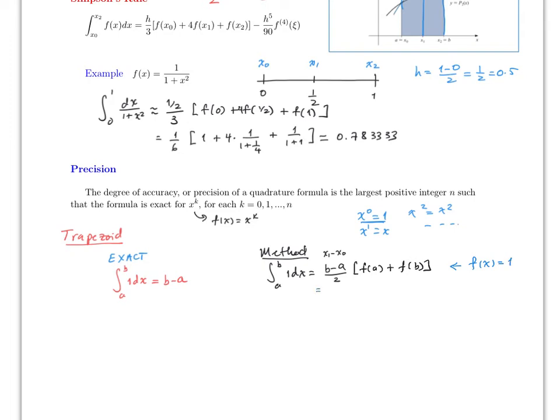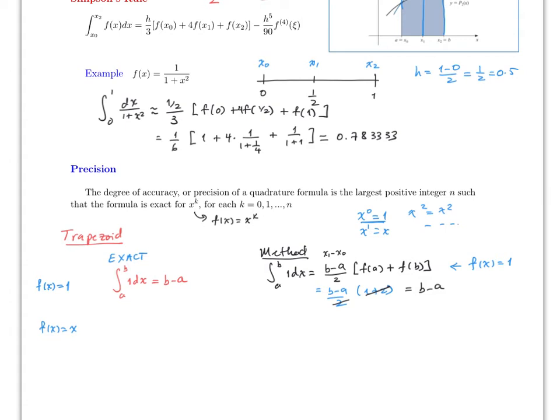So this will be b minus a over 2 times 1 plus 1, which is 2. So this cancels, and this is just equal to b minus a. So at the very least, the trapezoid has precision 0, and if you don't have precision 0, that's a pretty bad sign. So this and this are the same. Then, if that works, you move to f of x equals x, then x squared and x cubed and so forth, until it doesn't work.